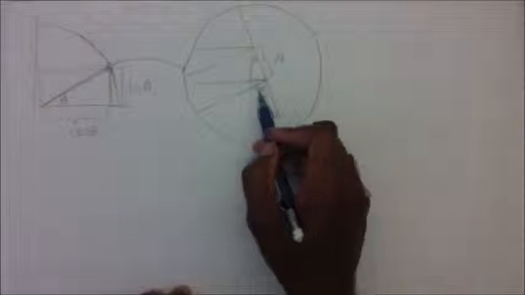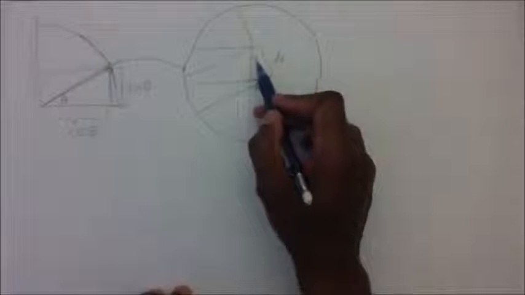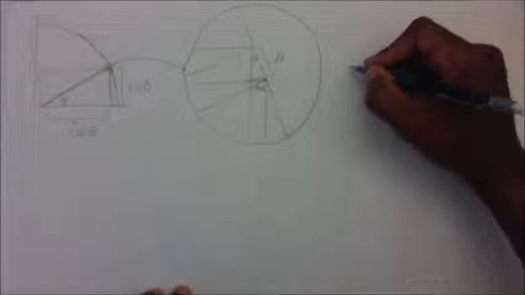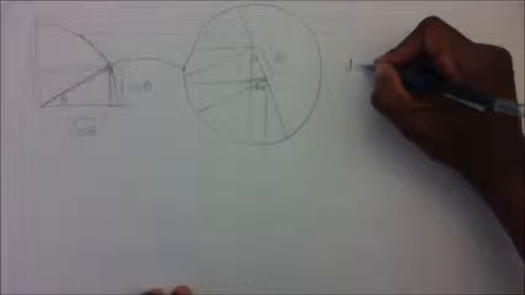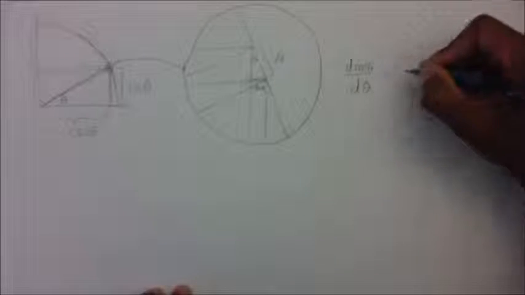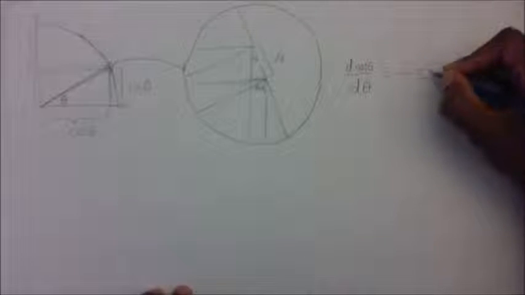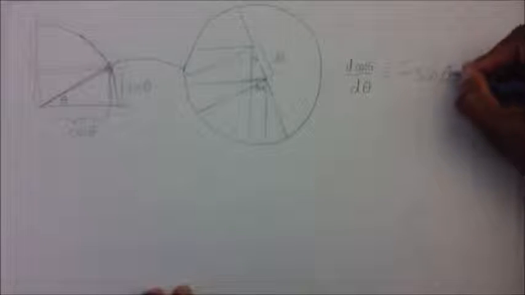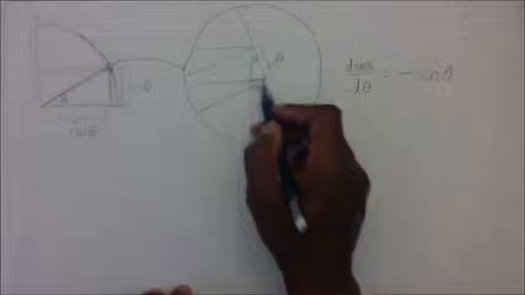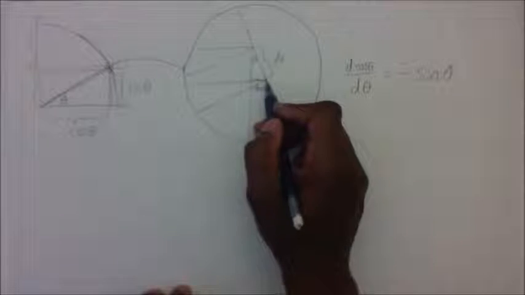So this divided by that is essentially sine theta, except it's negative. So d cosine theta with respect to d theta equals minus sine theta, because it's this divided by that, except I'm going from right to left, which is opposite the positive direction of the x-axis.